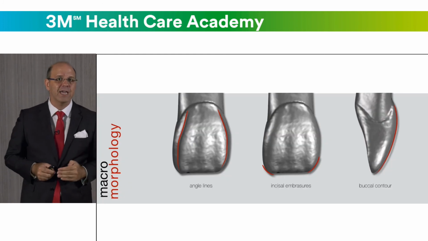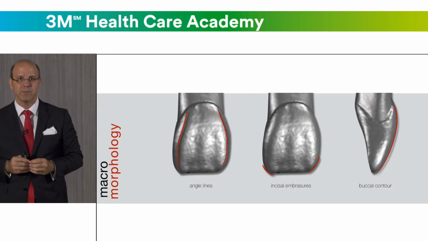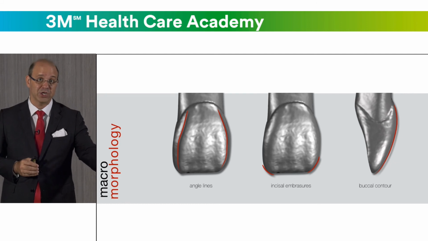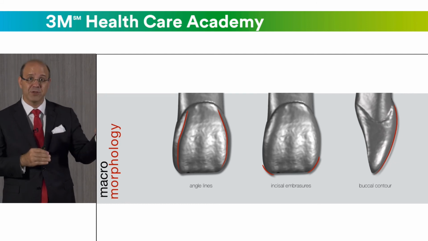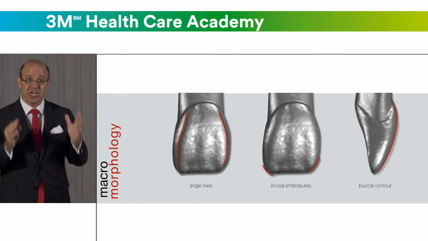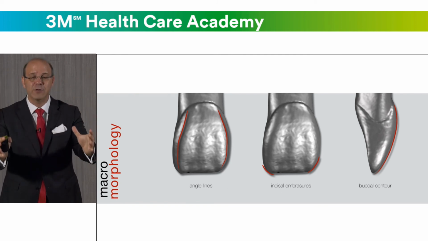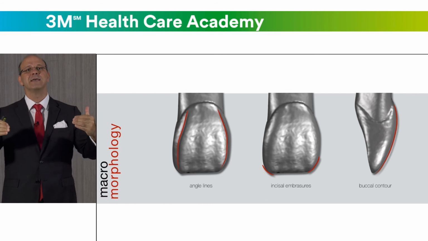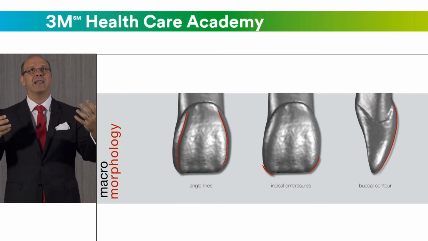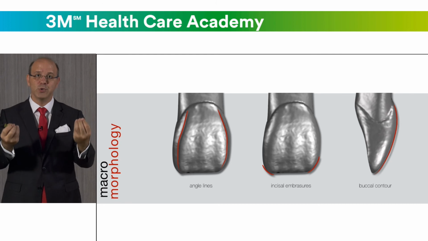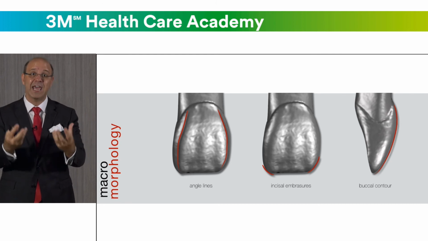So we have three kinds of steps in this polishing, if you also want to talk about the texture. The texture, the macromorphology, the shape of the tooth, is the main goal that makes the restoration in the end look like a natural tooth.